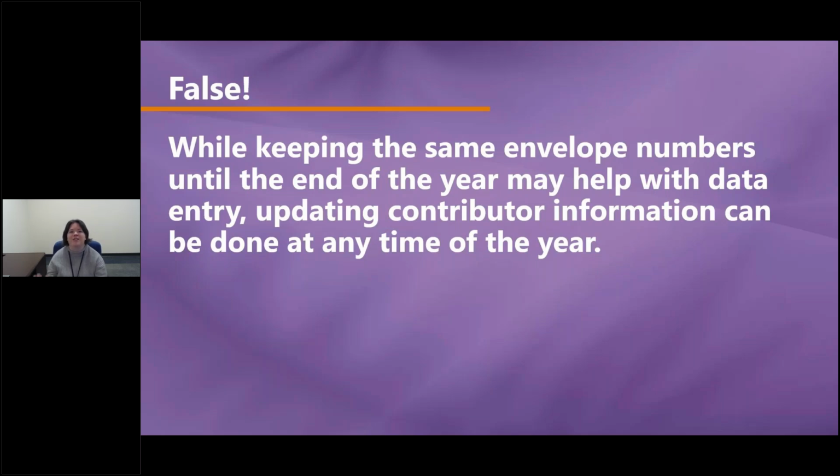Just make sure that the people who are adding in your offerings just know if there have been any envelope changes during the year. But even if you're running the renumbering utility at the year end, you can run that utility mid-year, or even in this time period right before Advent, if you wanted to just renumber them real quick and have those upcoming numbers just sitting there before you actually move them over in the next year.